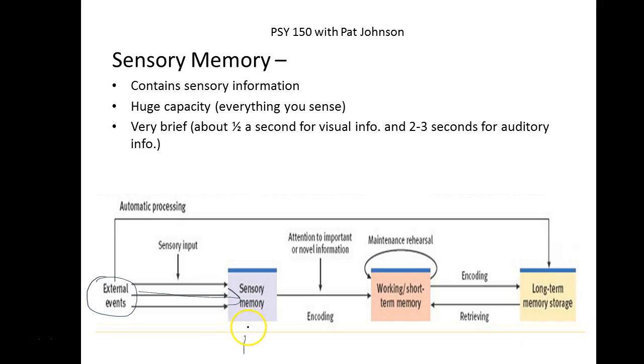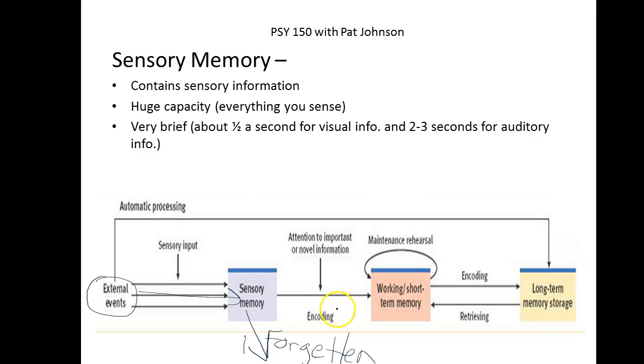After that, two things could happen. Either we dump it and we forget it, or it could go this route and go on to the next stage, which is working or short-term memory.